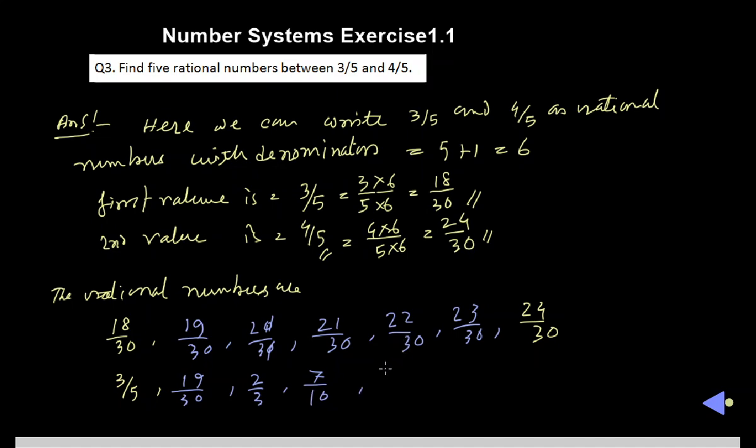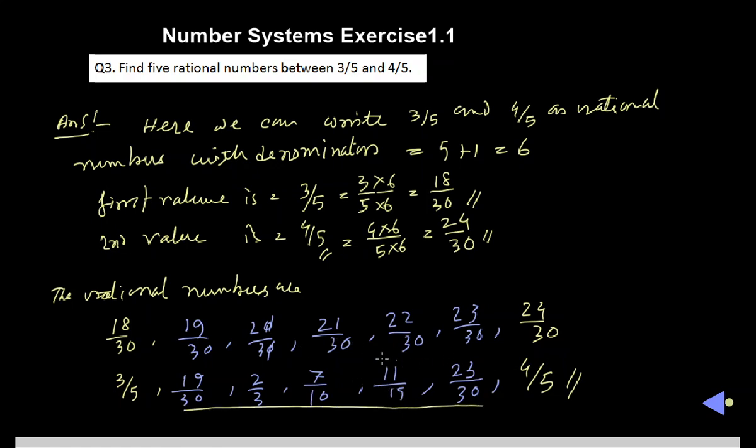Okay, 22 by 30 becomes 11 by 15, and you can check whether it is correct or not. 23 is again a prime number, so it remains the same. And the final value, the original value, is 4 upon 5. We give the same color so that you can differentiate it. Those are the 5 rational numbers.